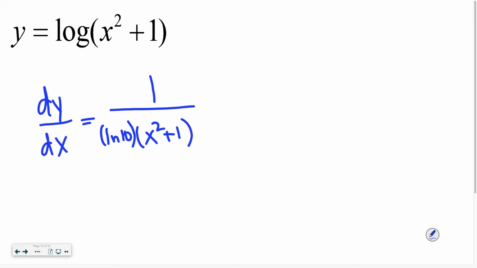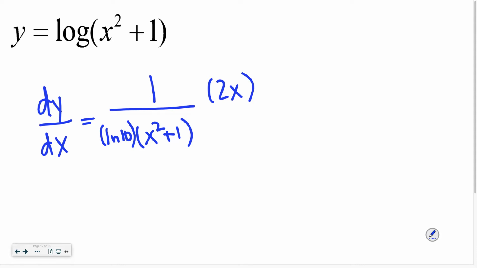And since it's a composition, we better multiply by the derivative of the inside to apply the chain rule. So no matter what logarithm it is, our derivative has 1 over what's inside. It's just whether there's a logarithm with it or not. Okay? And those are the rules you're going to have to practice.